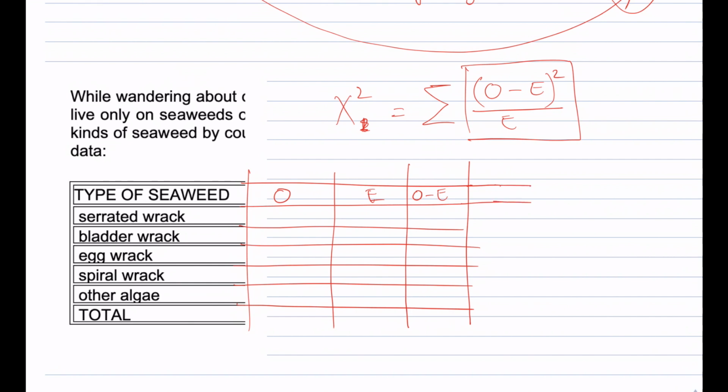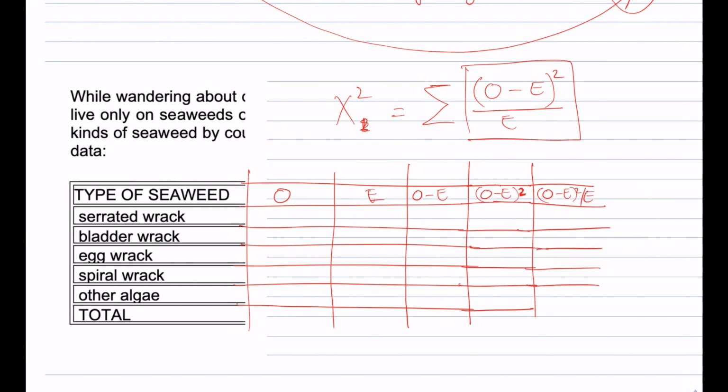Then for each of those values we'll have to square that value. And then after we've squared each of those values, we'll have to divide them by the expected. So (O minus E) squared divided by E. And once we've got each of these values, at that point we are going to add them all up, and that should give us essentially what the chi-squared value is going to be.